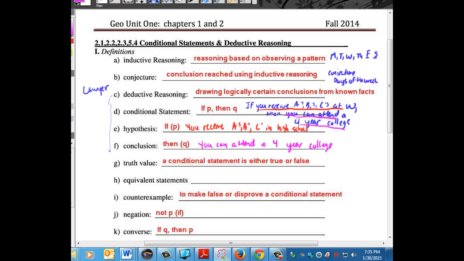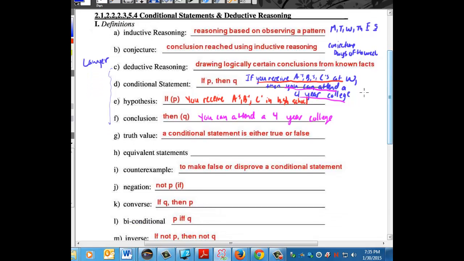All right, now what we have to do with each of these statements is consider what's known as the truth value, meaning is our conditional statement true or false? At first, I said I think this is true, but let's dig a little bit deeper. When is this false?